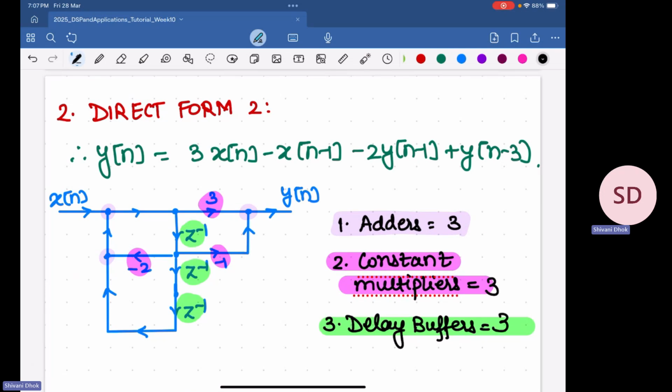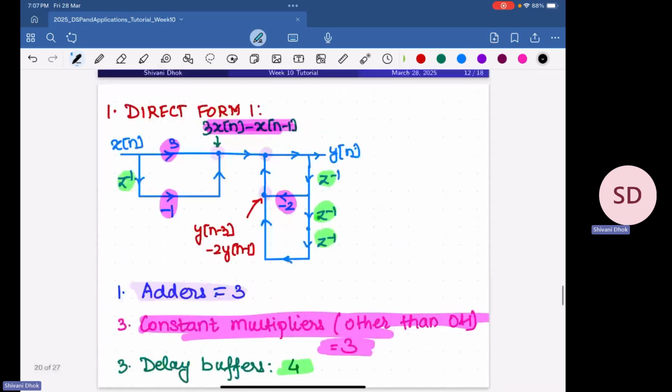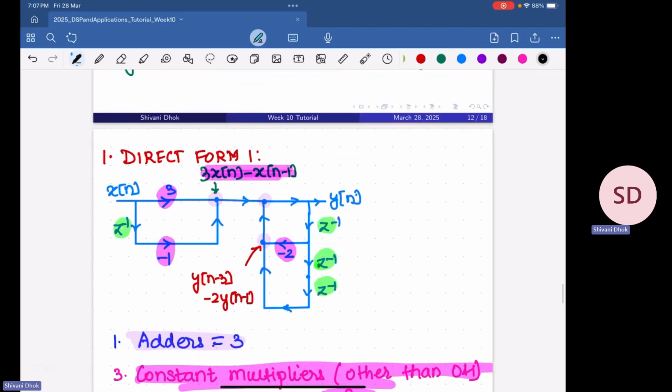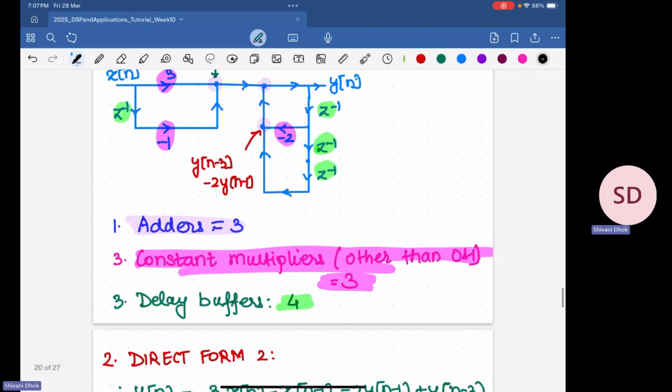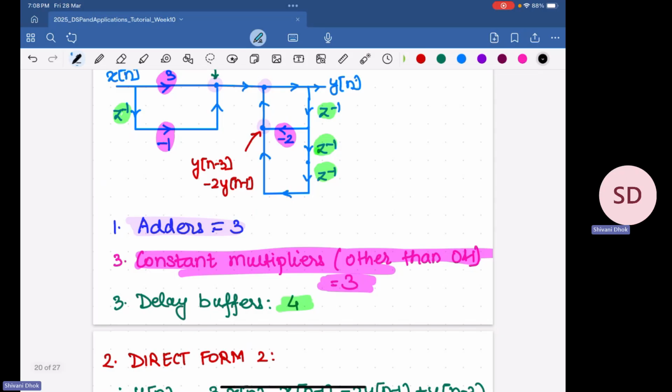So if you observe carefully, for direct form 1 and direct form 2 both, the number of adders was 3, and the number of constant multipliers was also 3. But the only difference is in the number of delay buffers.